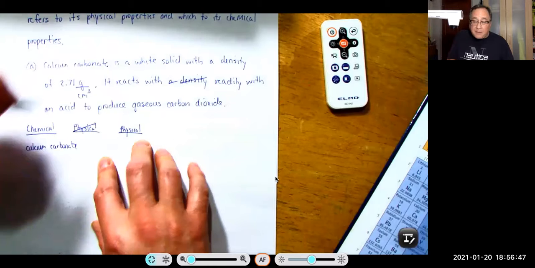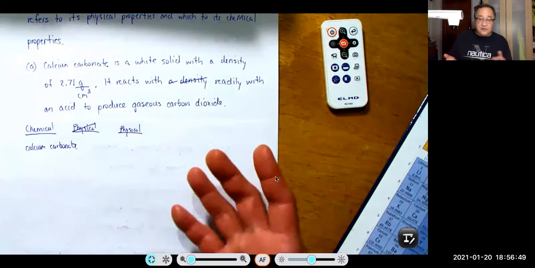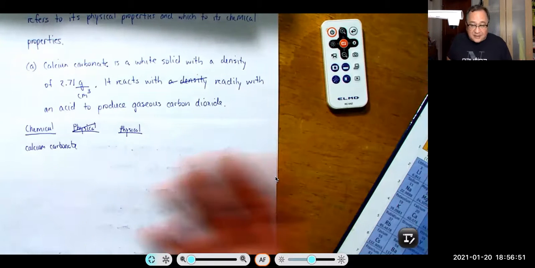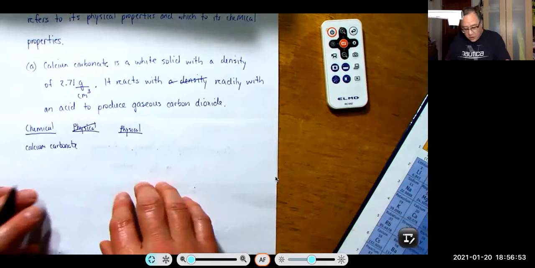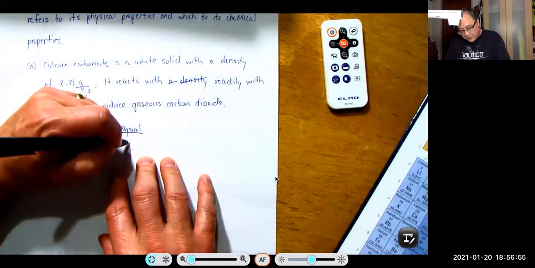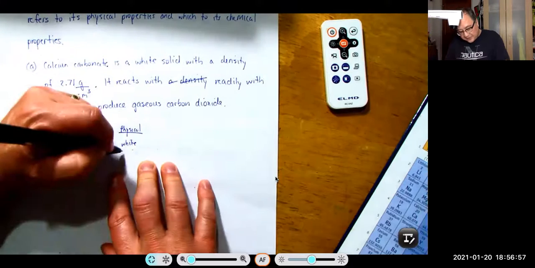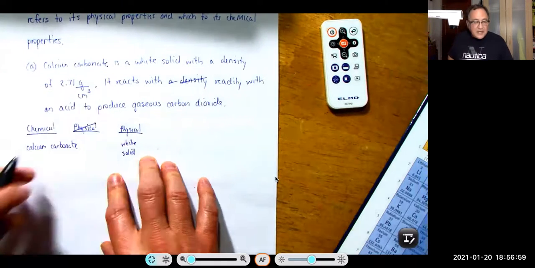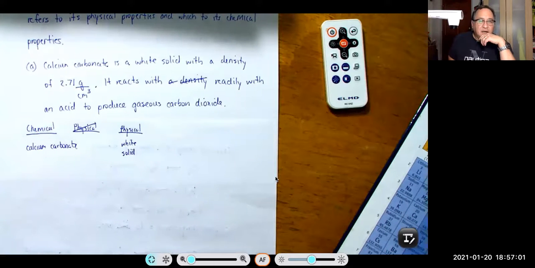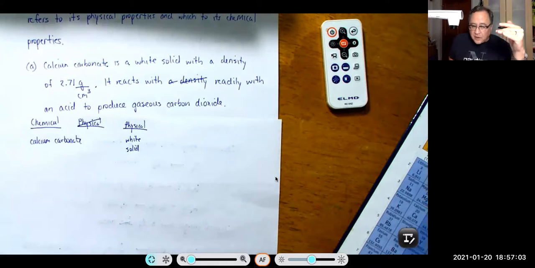That's a chemical property because it's a formula. And if you change the formula, that's a chemical change. White, that's a physical property. Solid, physical property.